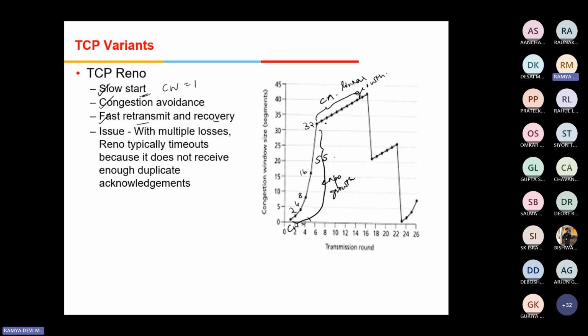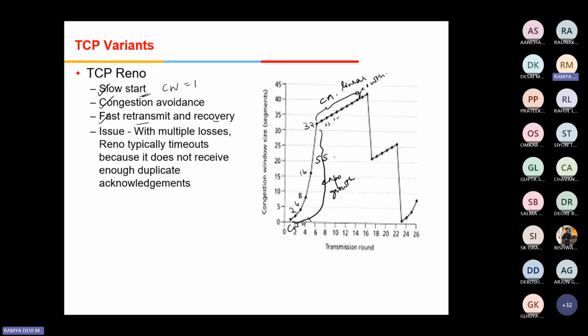From 32, it becomes 33, then 34, now 35. This avoids overwhelming the network. It still increases the throughput gradually, but it avoids overwhelming the network.